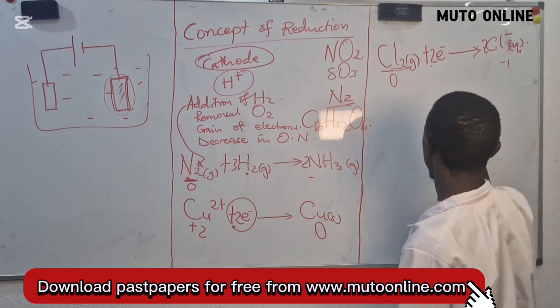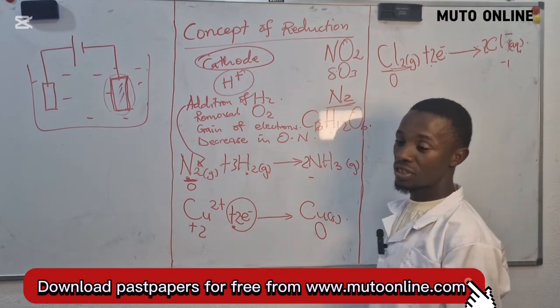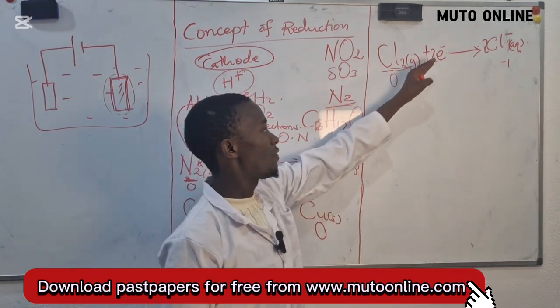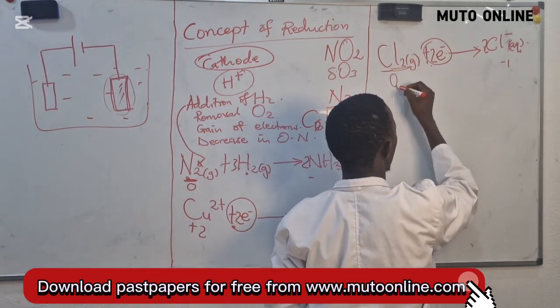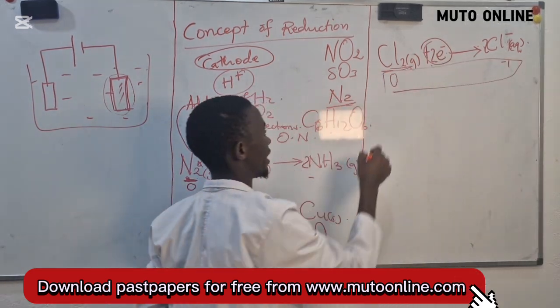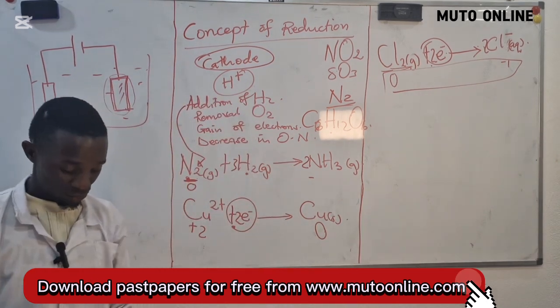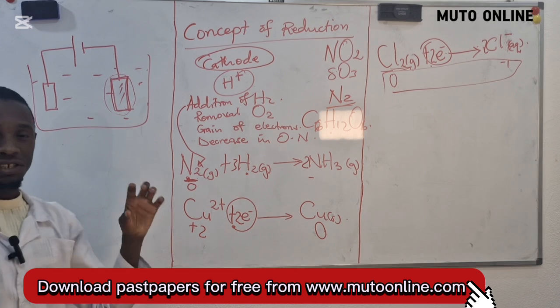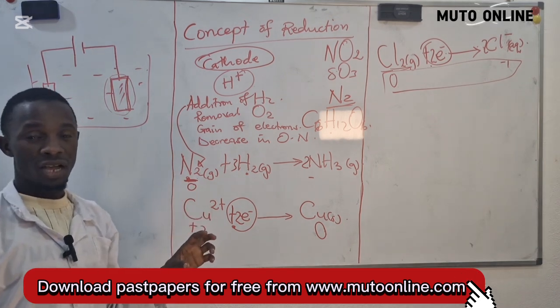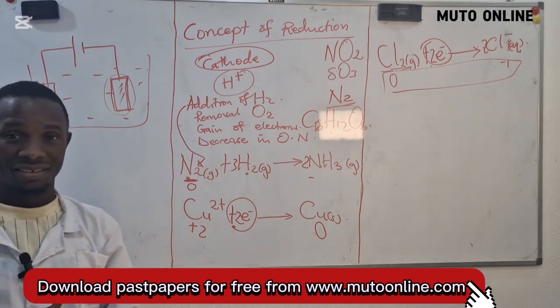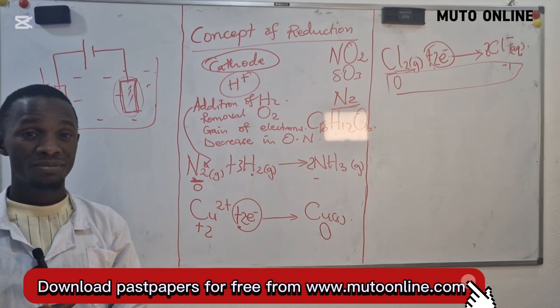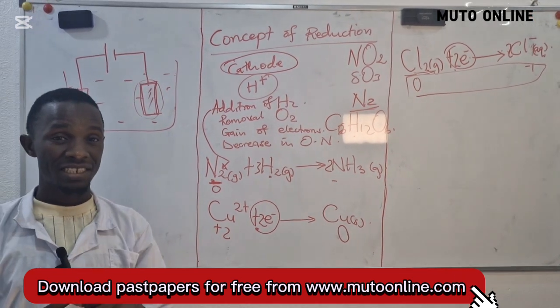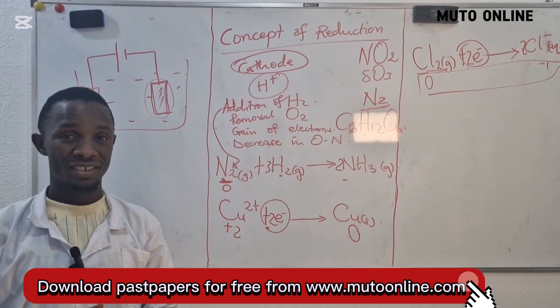So this one as well can be a reduction reaction for those two reasons: gaining of electrons and reduction in the oxidation state. Remember, as we said, you must know the category of a redox reaction and the reason as well. We don't cram, we understand the concept.